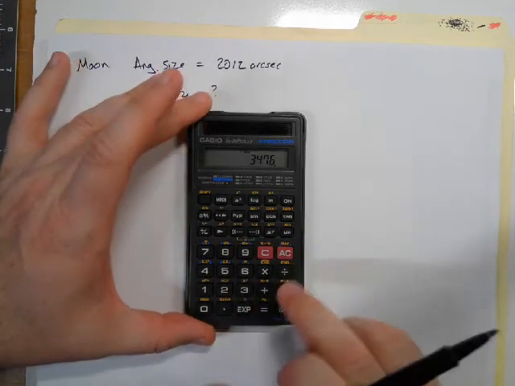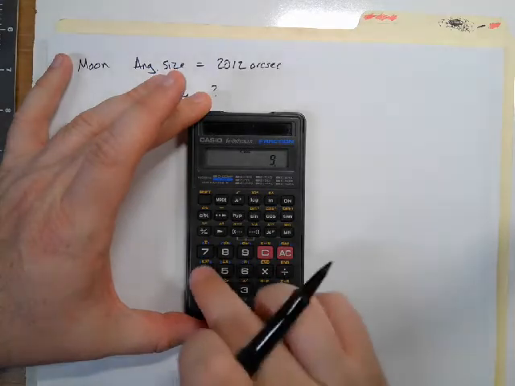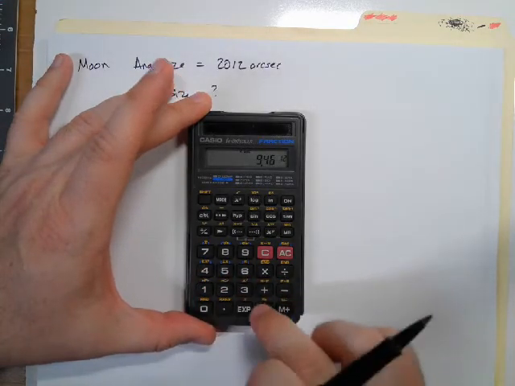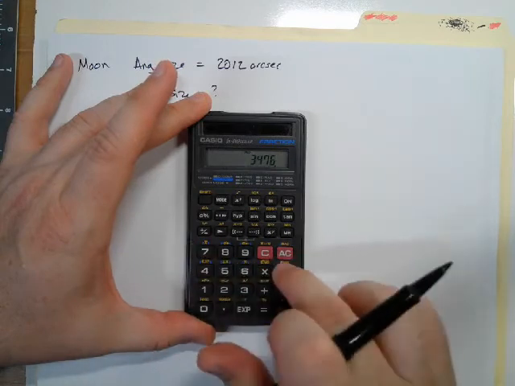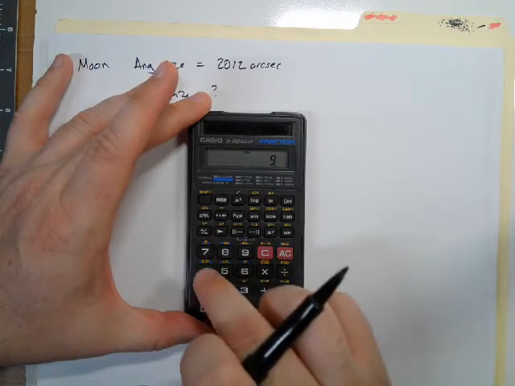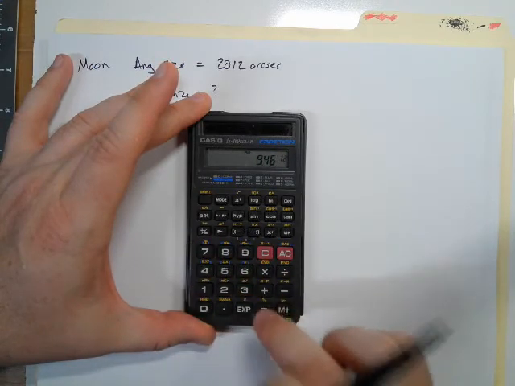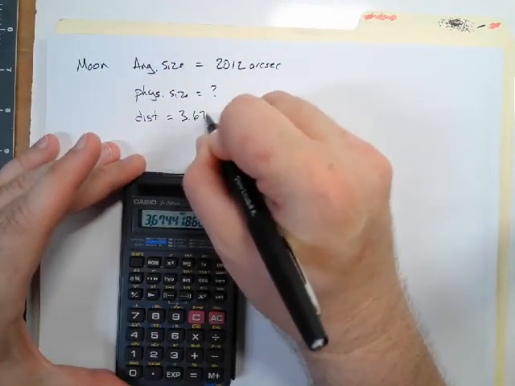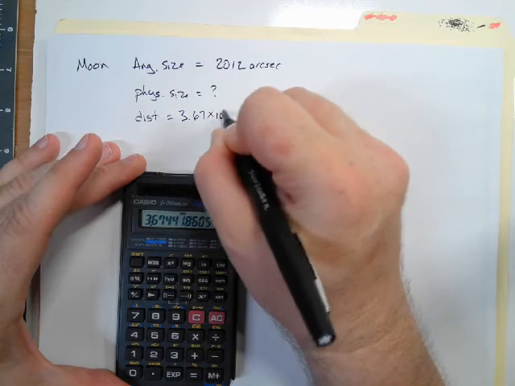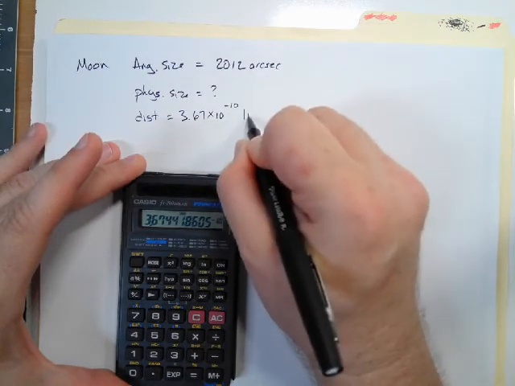So we're going to divide 3476 by 9.46 times 10 to the 12. We'll get 3.67 times 10 to the minus 10 light years.